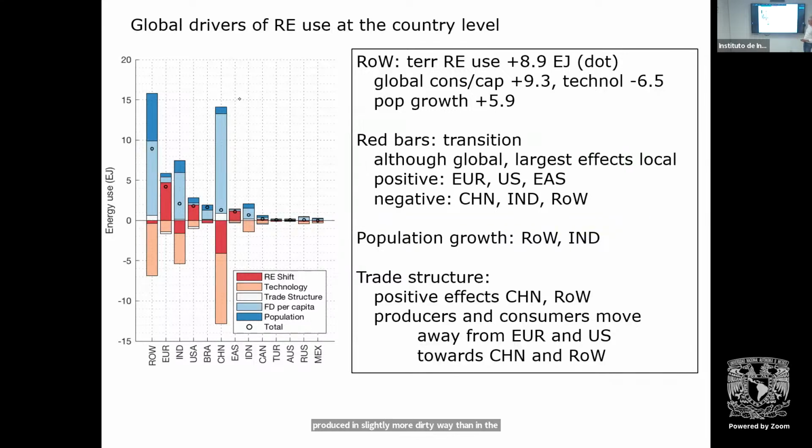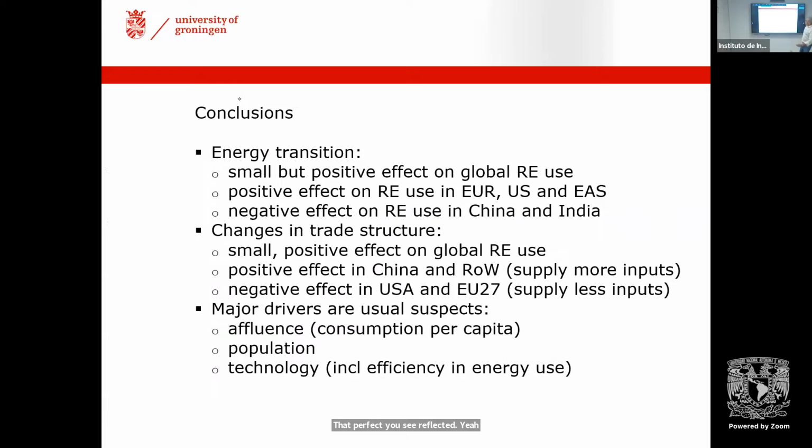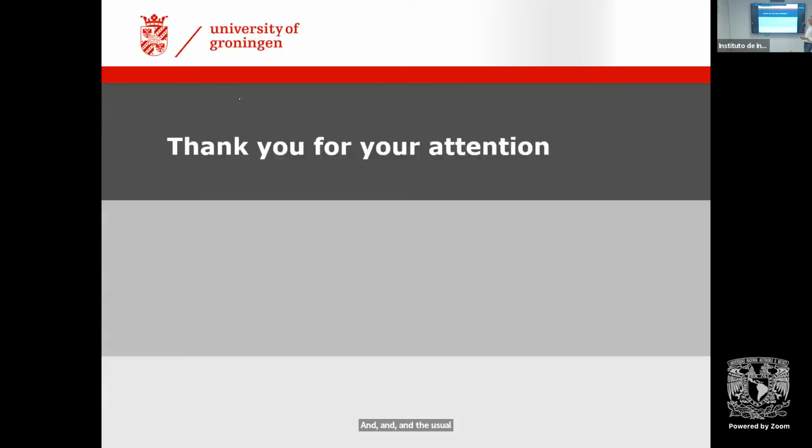That effect you see reflected here in the white little bars. So energy transition has a small but positive effect on the global renewable energy use, positive for Europe, US, and East Asia, negative for China and India. Same as mentioned already: trade structure and the usual suspects, affluence and technology.